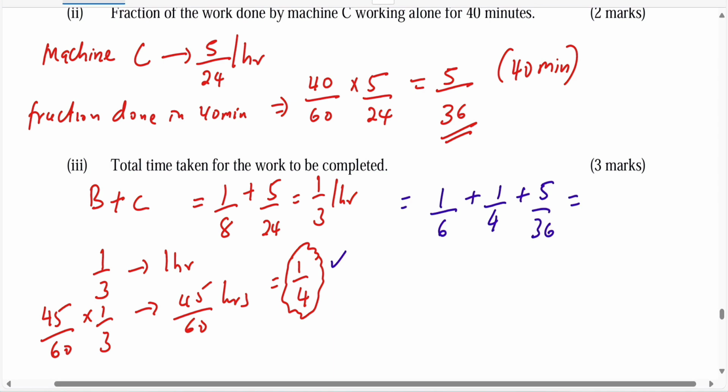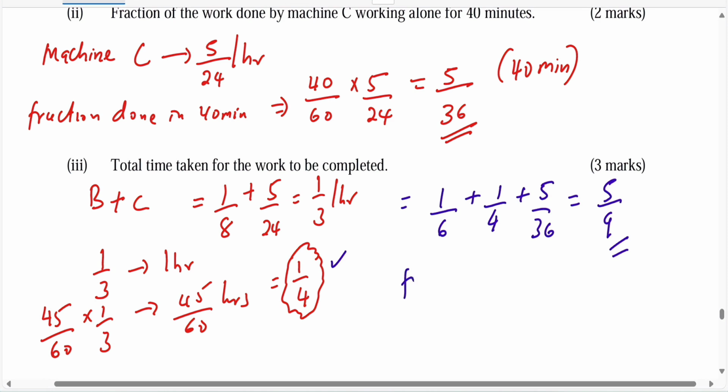So if you add those up, 1/6 plus a quarter plus 5/36 gives you 5/9. Okay, so 5/9 of the work was done.